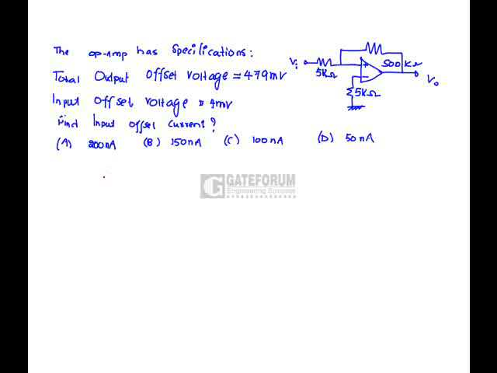Here the total output offset voltage is equal to the input offset voltage multiplied with the gain, that is 1 plus RF by R1, plus the input offset current into the feedback resistance.